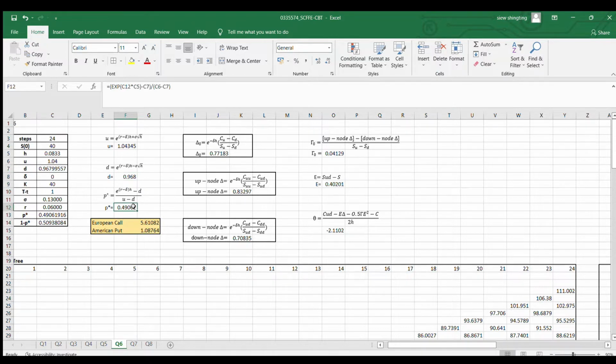For p star, it is the exponential of (r minus delta) times h, minus d, divided by u minus d.